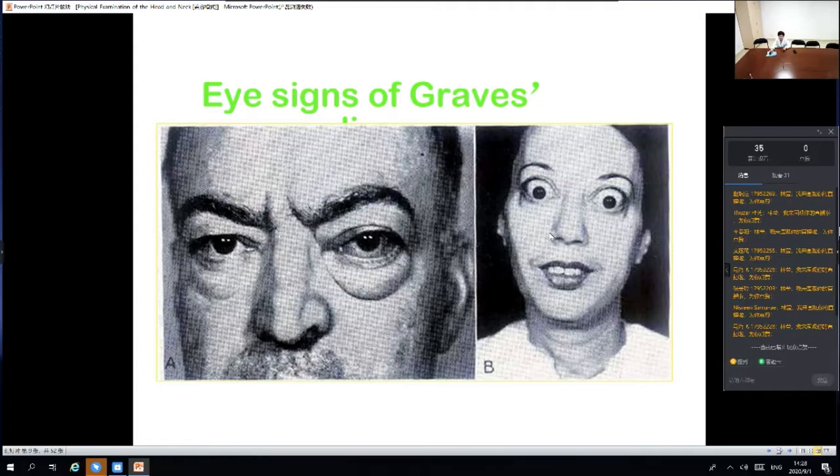When the patient looks at you, you can see the white part of the sclera. This is one Graves' eye sign.